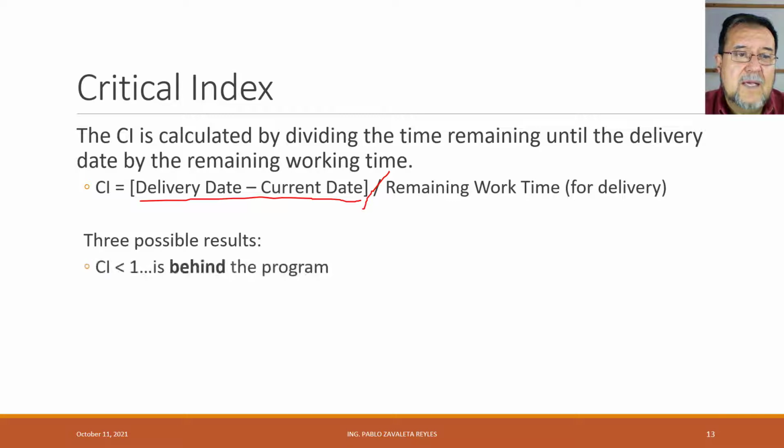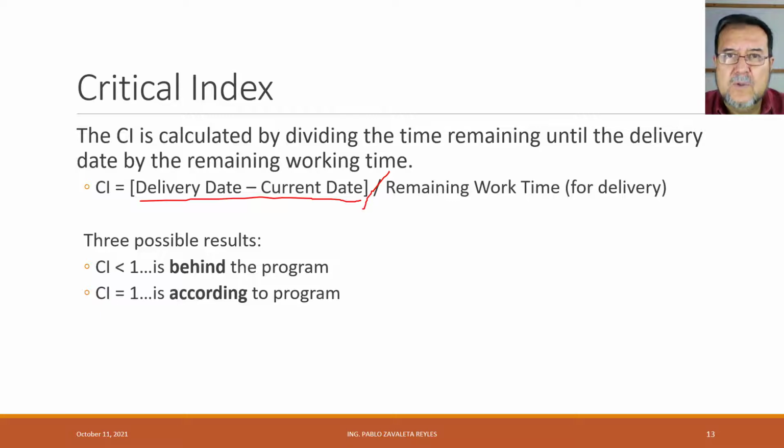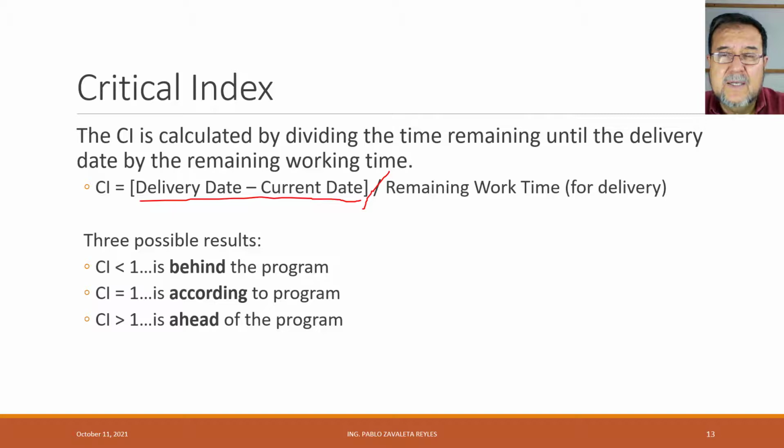Either it's below 1, in which case we are behind what we have programmed. It's exactly equal to 1, which is according to what we have programmed, or it's greater than 1. In that case, we're ahead. I'm not questioning right now why it's happening. I'm just saying these are the 3 values, and you need to know them in order to be able to act accordingly.